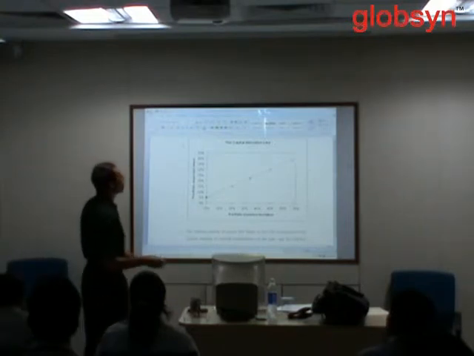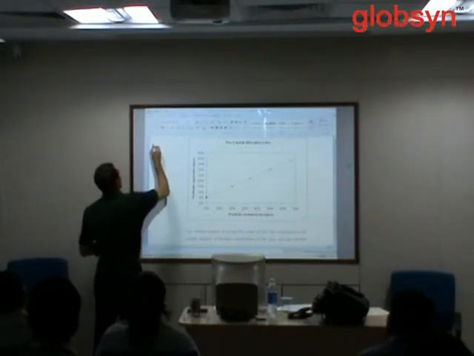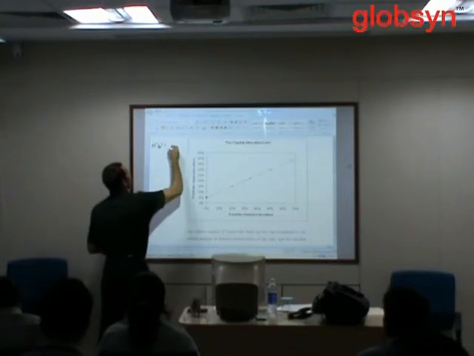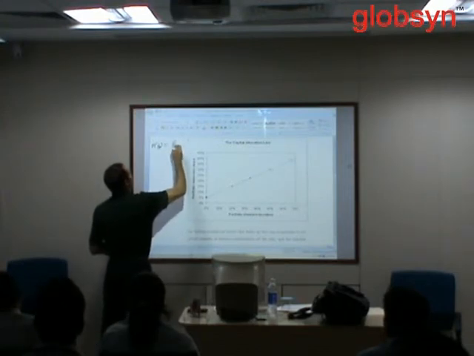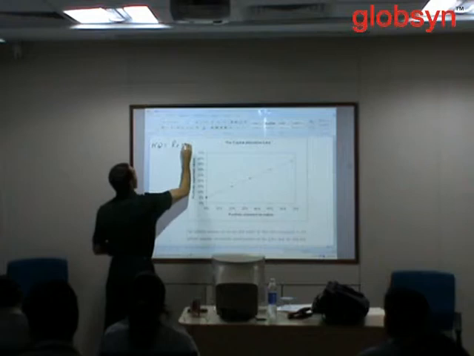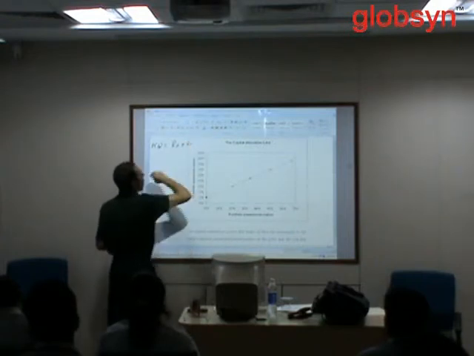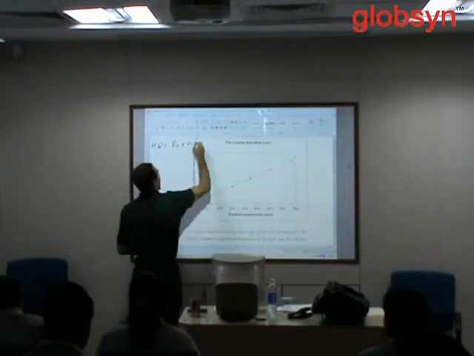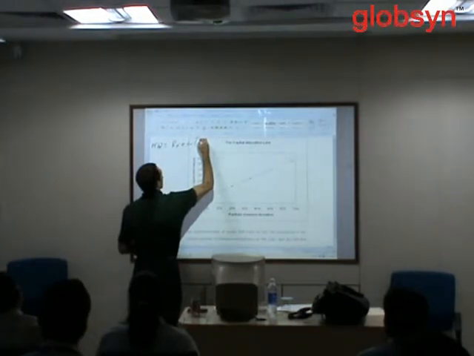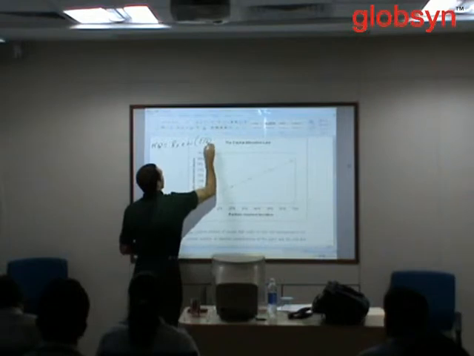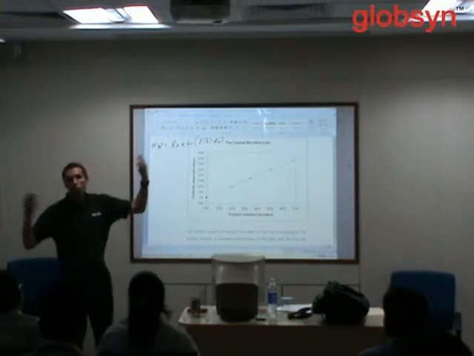Now, what is our formula for the expected return of a portfolio? The expected return of a portfolio is equal to the risk-free rate plus the weight on the risky asset times the expected return of the risky asset minus the risk-free rate, right? And that was equation 1A.